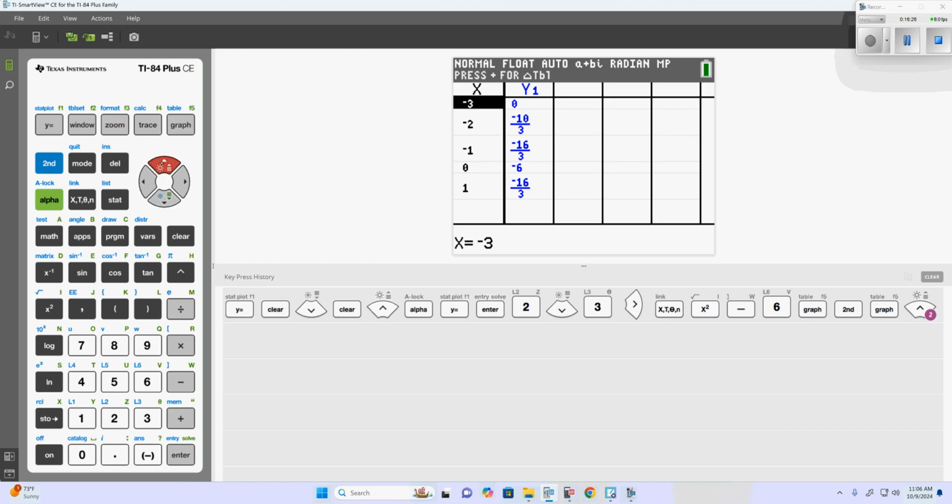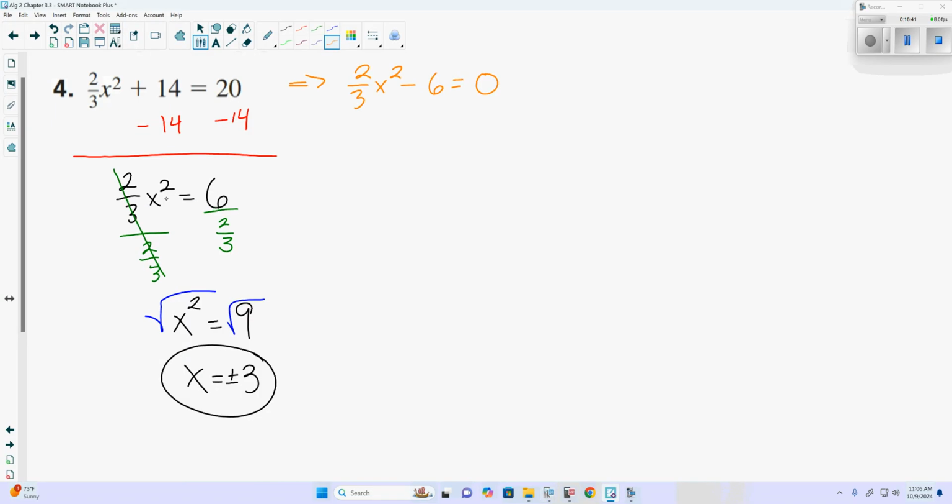At negative 3 on the graph, it is indeed 0, yes? And at 3, it's also 0. If we end up with integer answers, it means we could have actually graphed this. It also means we could have factored this. Questions on this here? Are you ready for the next one?